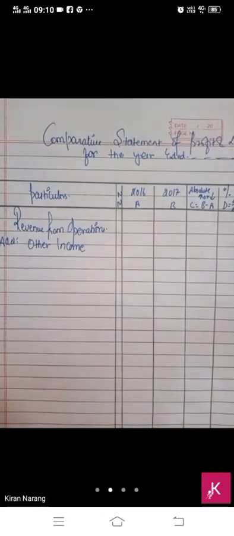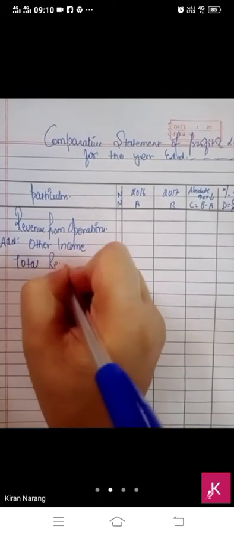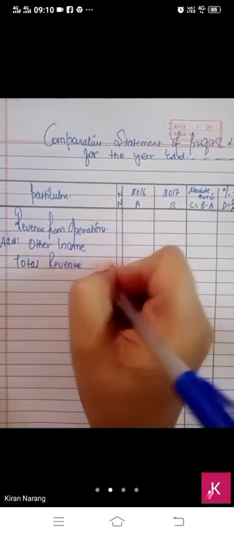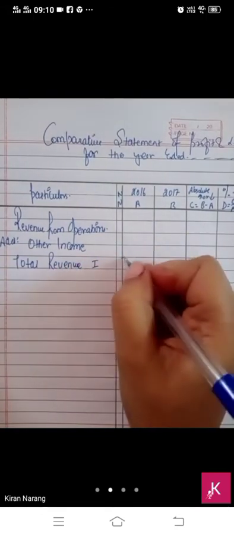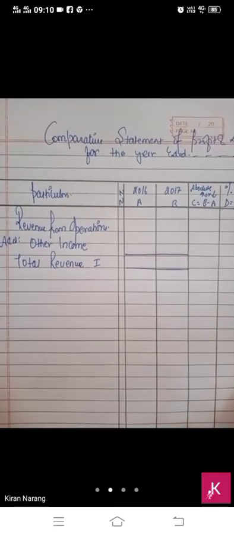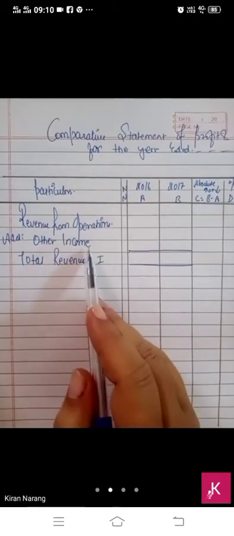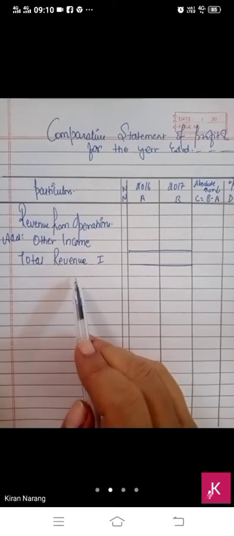So it will become total revenue. This is the first part of the question. First of all, we have to calculate the revenue from operation, sales, it will be given. Then we have to add the other incomes. It will become total revenue.